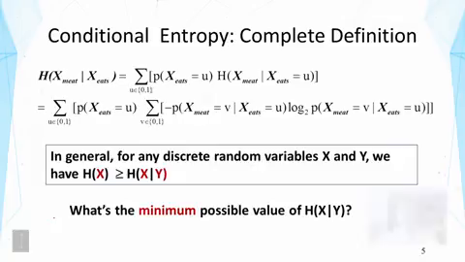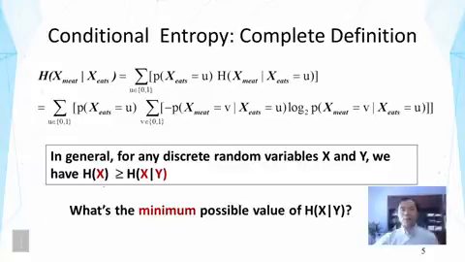So now putting different scenarios together, we have the complete definition of conditional entropy as follows. Basically, we're going to consider both scenarios of the value of eats, 0 or 1, and this gives us a probability that the eats is equal to 0 or 1, basically whether eats is present or absent.